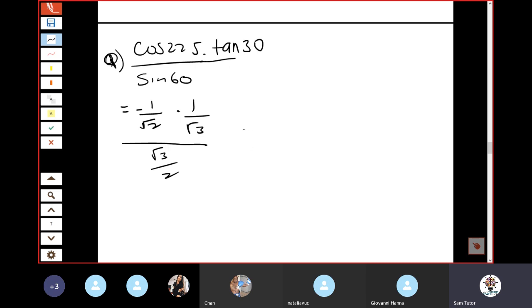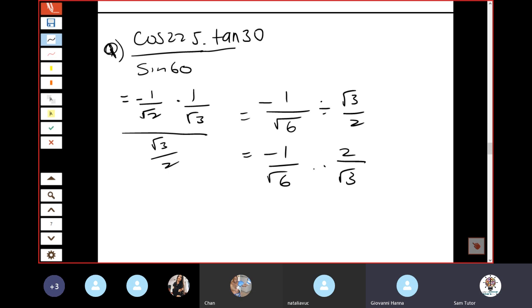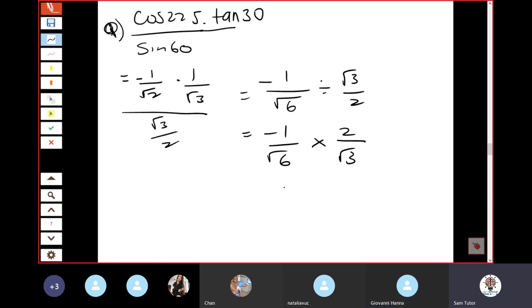All right. Giovanni, next line. We'll do just the numerator first, which is -1 on root 6, divide root 3 on 2. What are you going to do now? Kick, times, flip. So 3 on root 2. 2 on root 3.